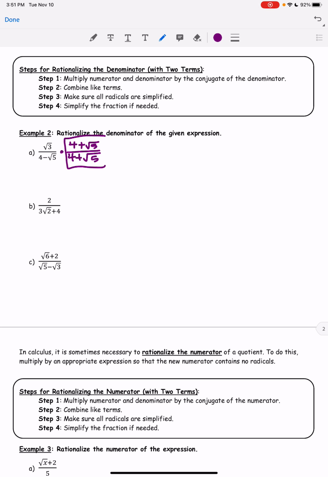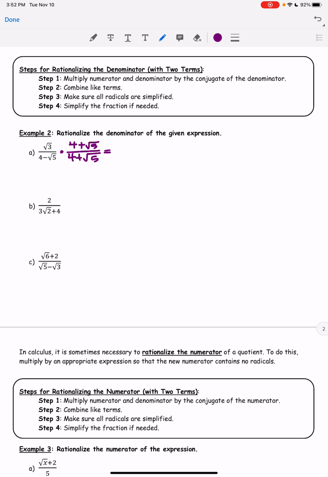What does this equal? It's not pretty, but that equals 1. If you have the same thing on top as on the bottom, that equals 1. So I'm not changing the value of my problem, just its form.